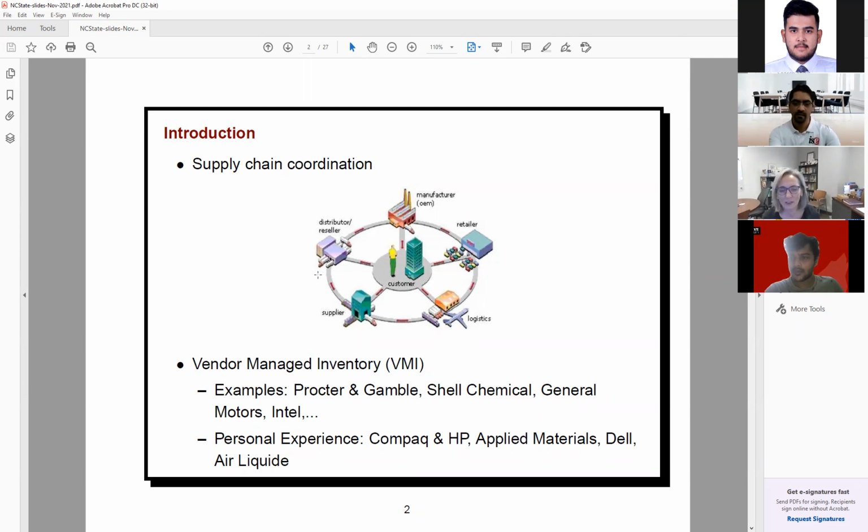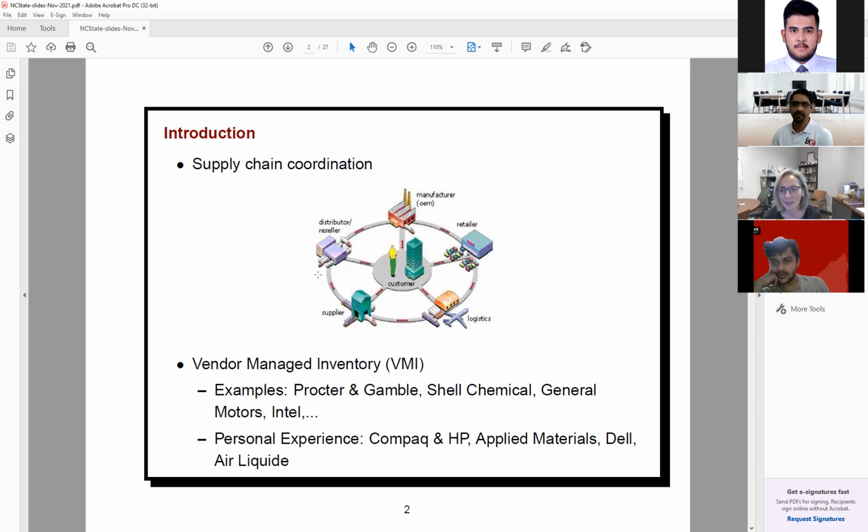Horizontal coordination is coordination of decisions of interest within a given functional specialty of a firm. For example, if you're talking about coordination of inventory and transportation decisions, then both decisions fall under the functional specialty logistics of the firm. And then I say that we are interested in horizontal coordination.